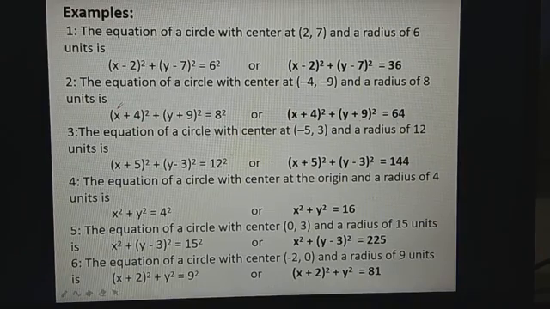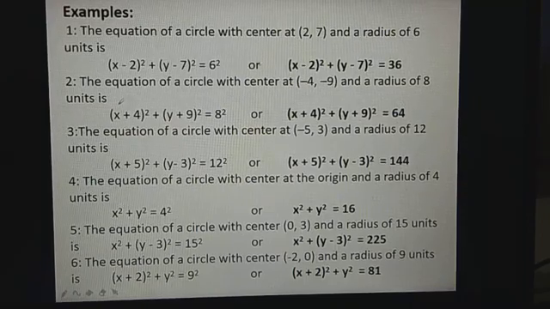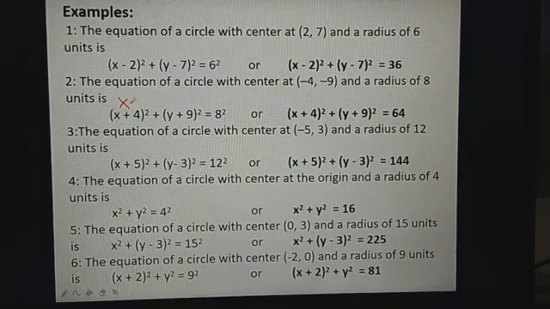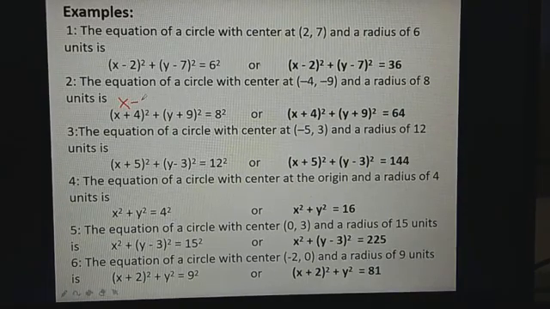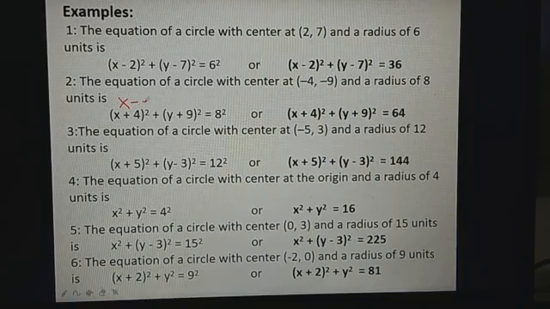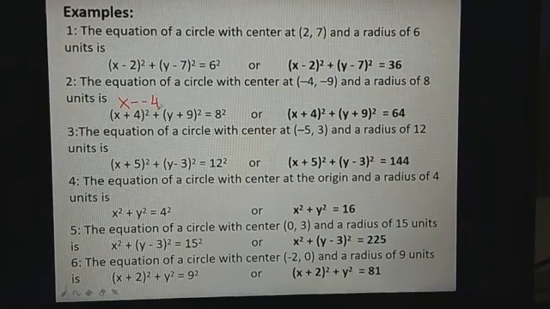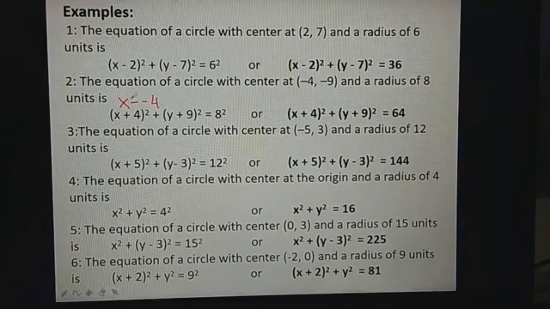It is because sinusunod nating form is x minus the value of our h, which is negative 4. Yan. So, pag sinubstitute mo kasi dun sa x minus h, ganyan siya. Meaning, double negative sign tayo, negative times negative. Kaya siya ay naging positive.